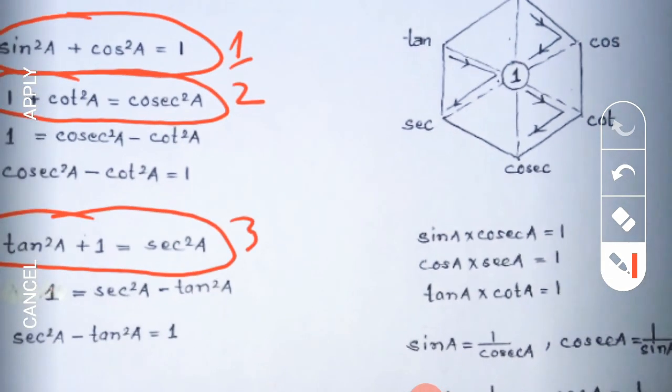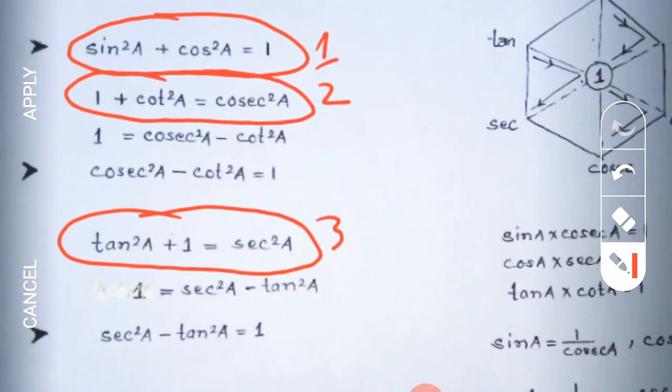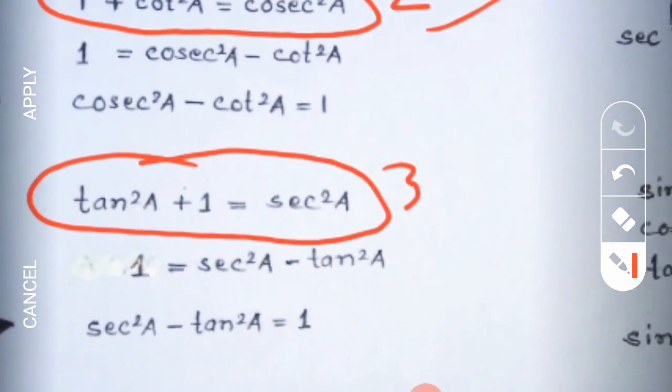Identities, you can see here 3 important identities are there. Number 1, sine square a plus cos square a equal to 1. 1 plus cot square a equal to cosec square a. This is the second identity. Third identity, tan square a plus 1 equal to sec square a. This is the third identity.